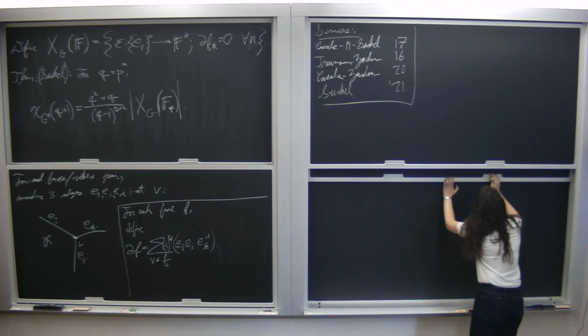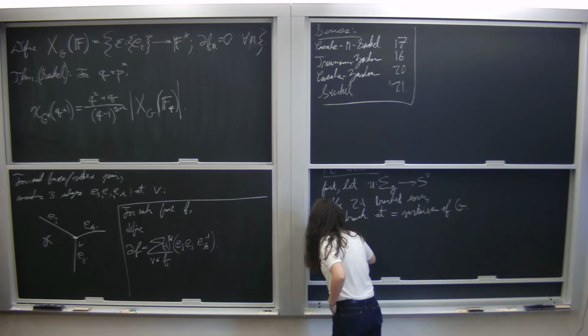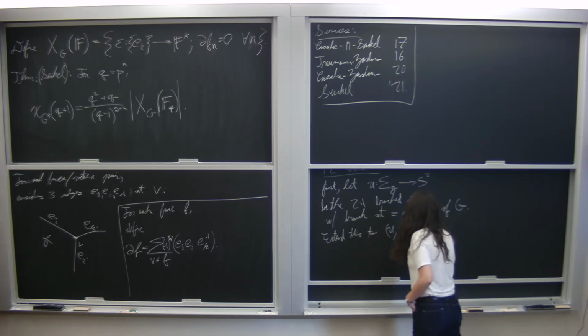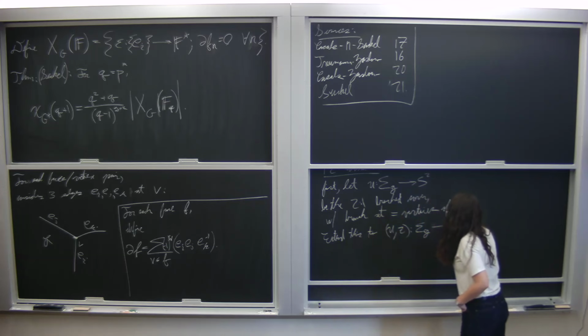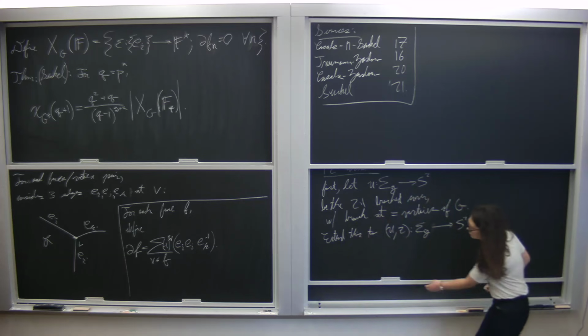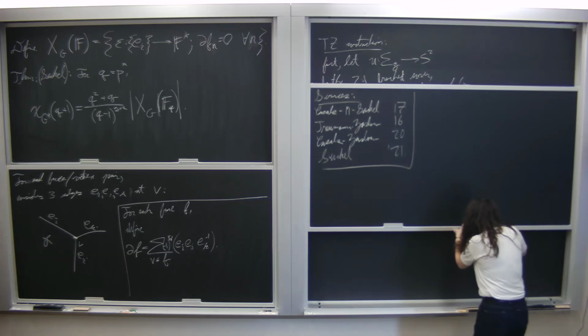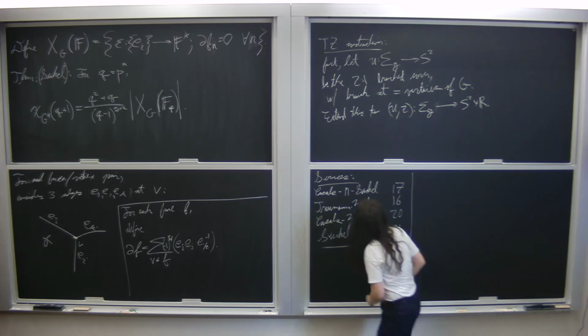And then we're going to extend this to a map, I'll call U comma Z, mapping sigma G into S2 cross R. So let me discuss this.